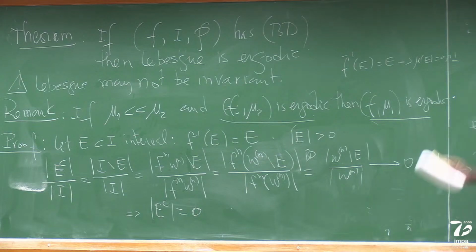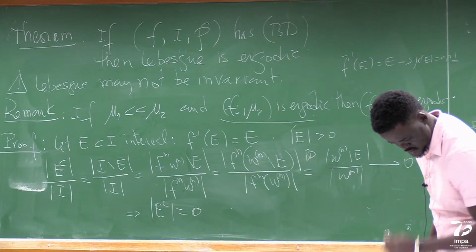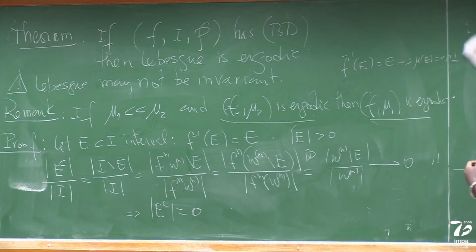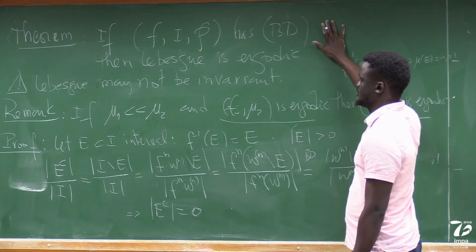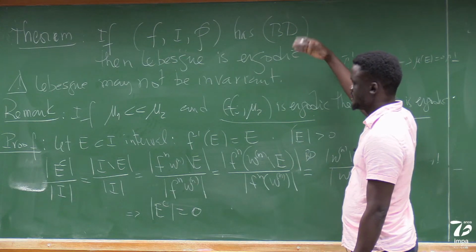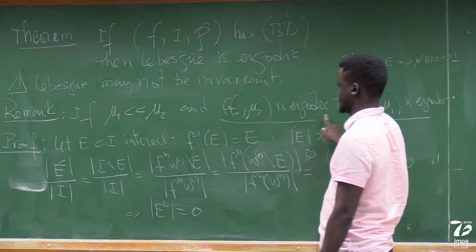But before that, let me remind you that the point of having this theorem is that once you have it, another invariant measure that is absolutely continuous with respect to Lebesgue will be ergodic.